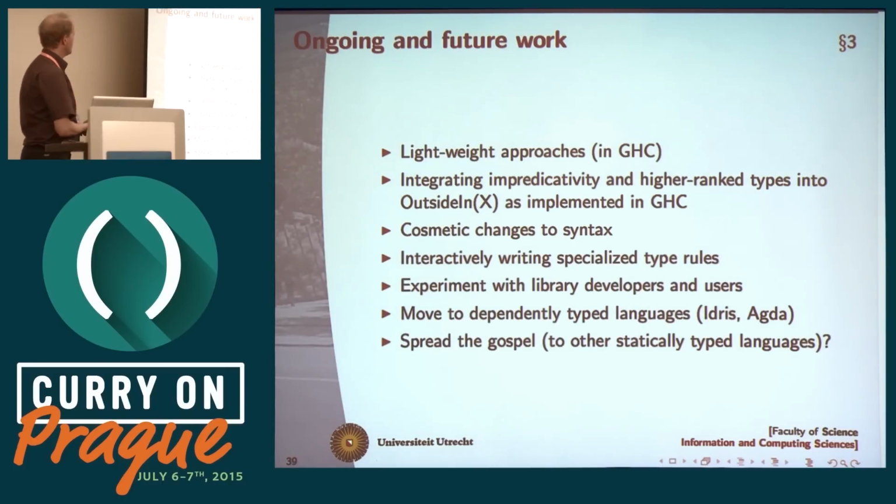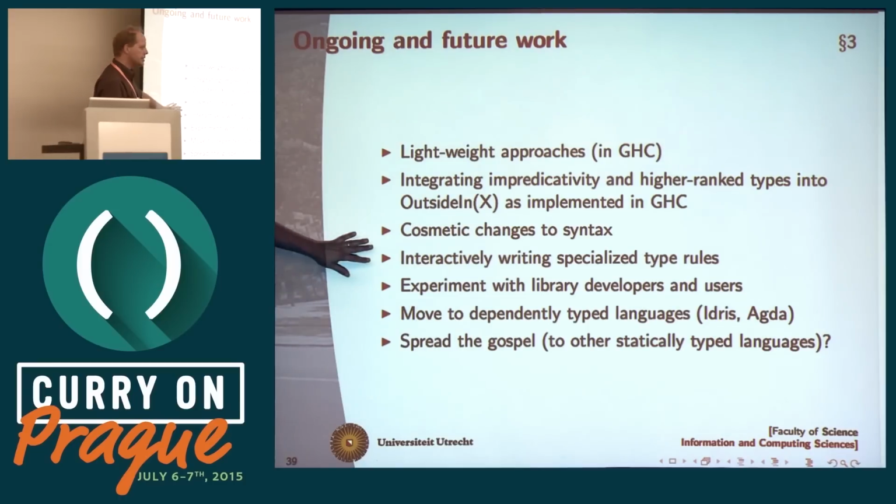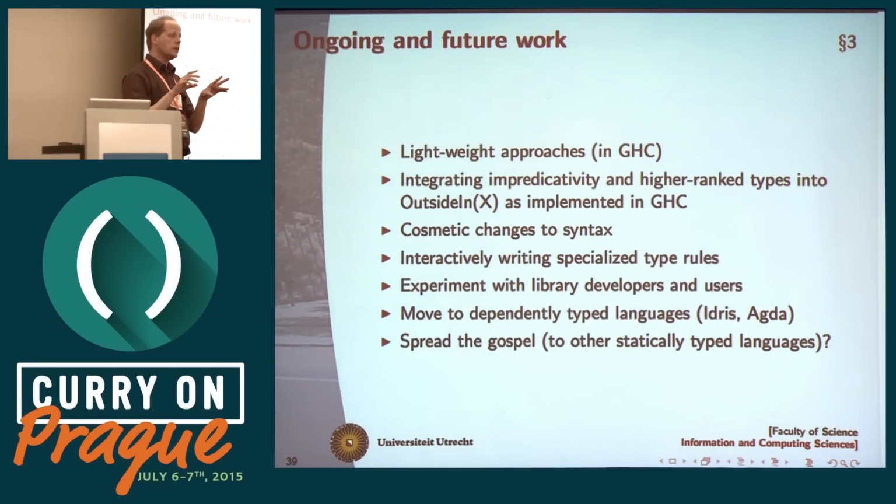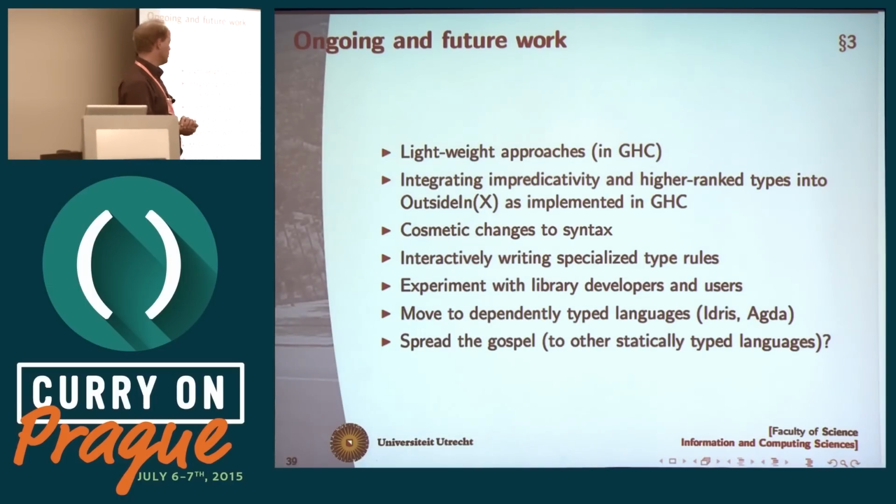And then there's future work. We did find that writing down these rules is not easy. There's a lot of syntax going on, and we already have good ideas, I think, on how to make this easier by making it interactive, so that non-type-system specialists are able to define these kinds of rules.